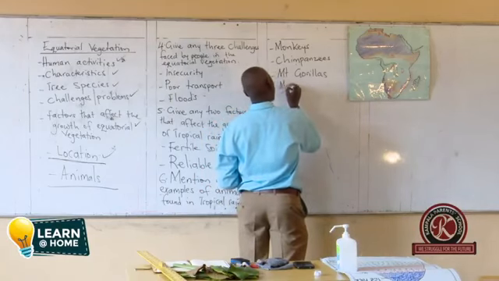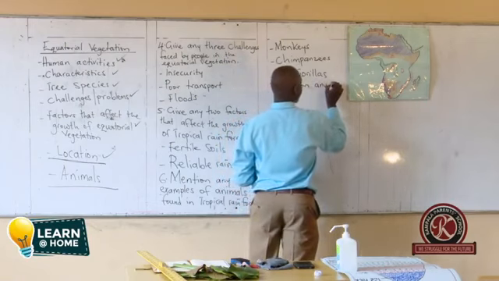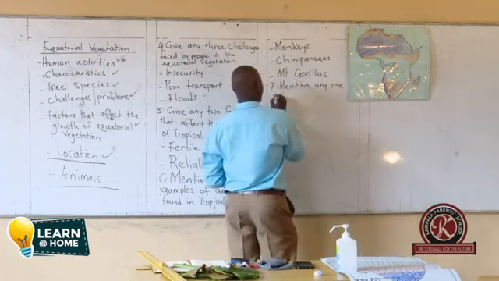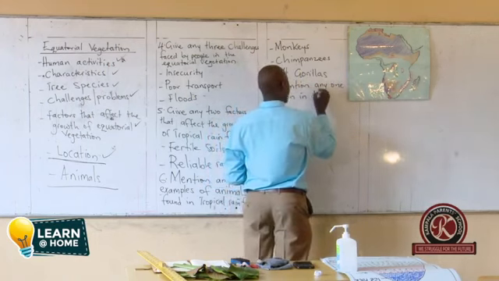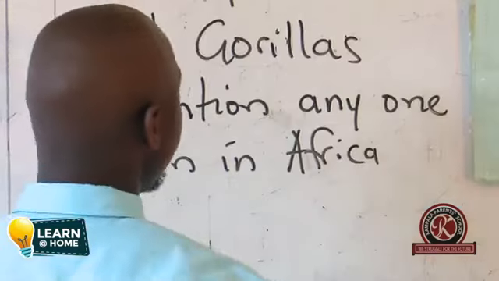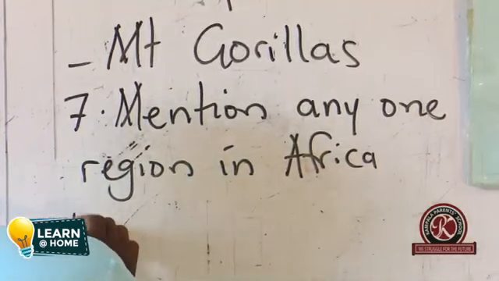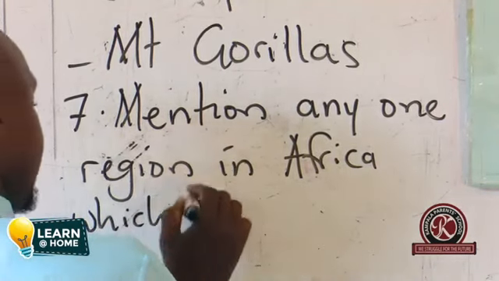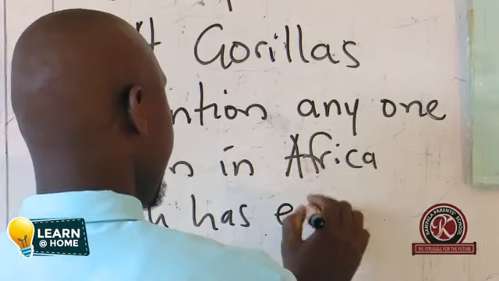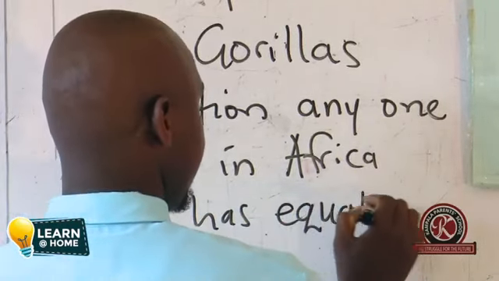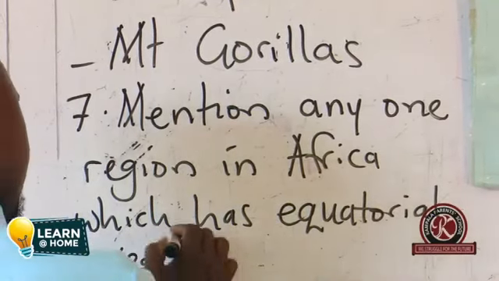Mention any one region in Africa which has equatorial vegetation.